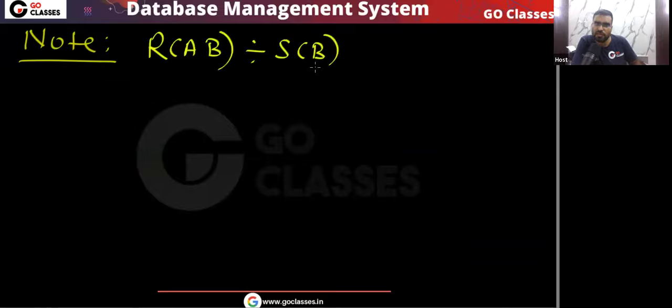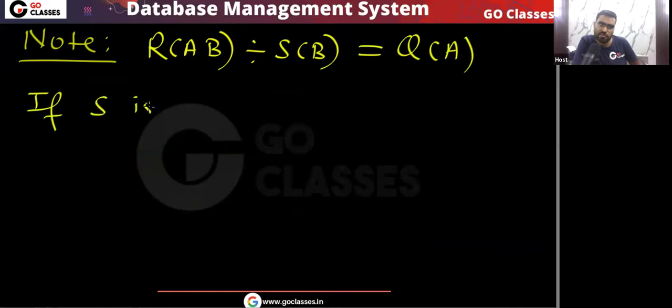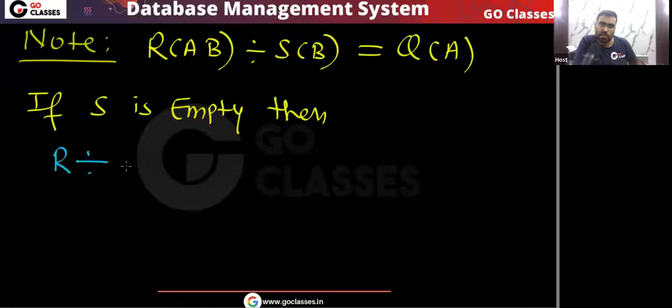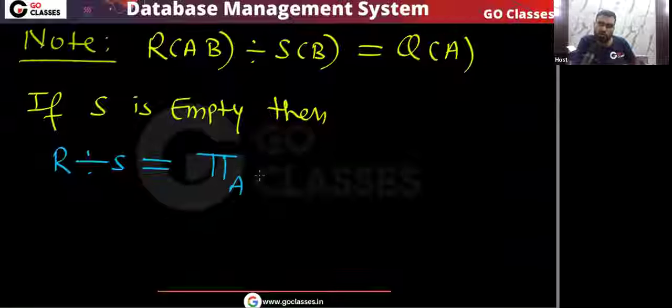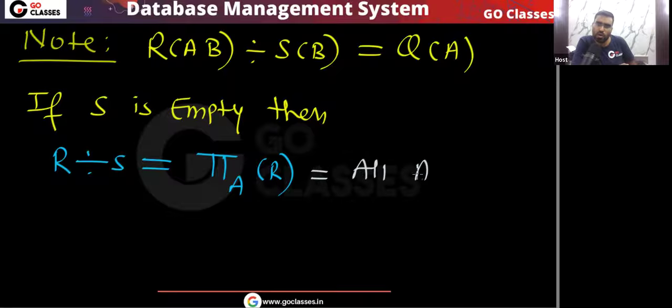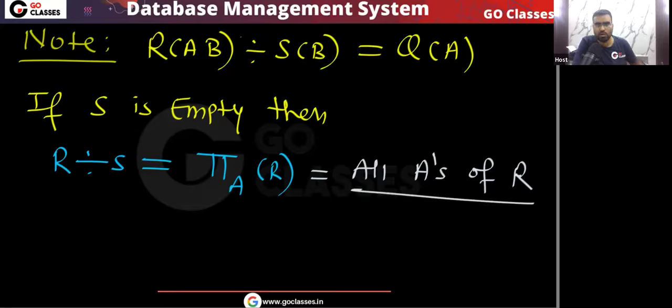Remember this note: if you have R(A,B) divided by S(B), the result will be A. If S is empty, then R divided by S will be equal to all A values of R. Basically, all A's of R. I hope this point is clear.